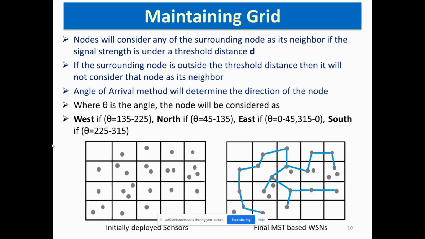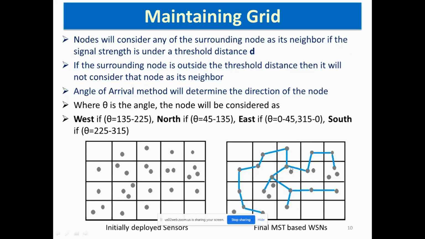And if in a zone, suppose here, as you can see in this picture, one node has higher signal levels than the other nodes in that cluster zone, the other nodes will not be used for creating the MST, and we will just use the one node which has the highest signal strength or energy to make the MST. So this will help us in both ways.